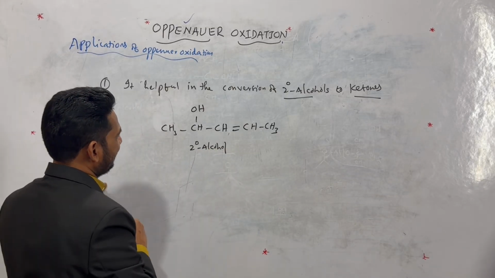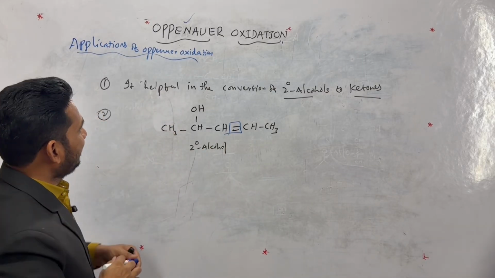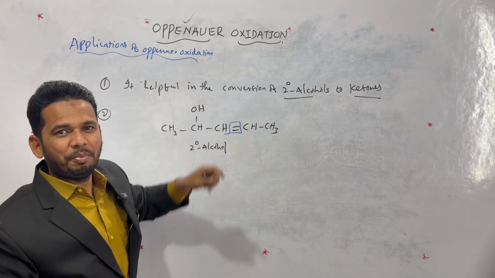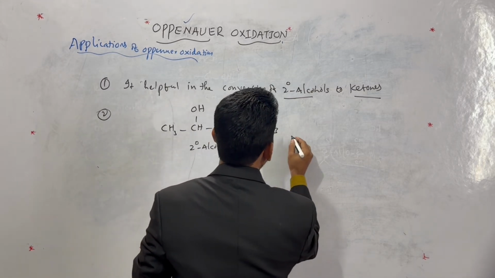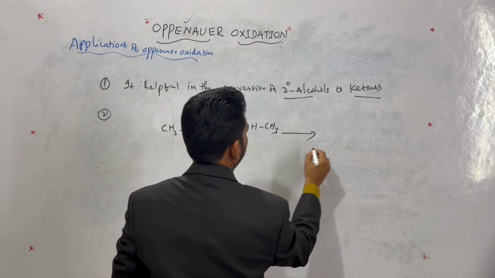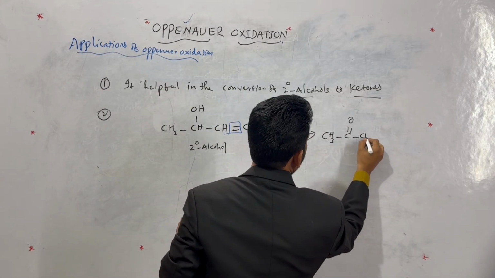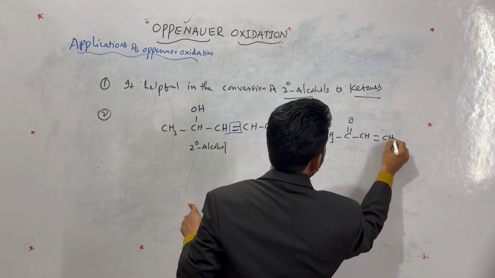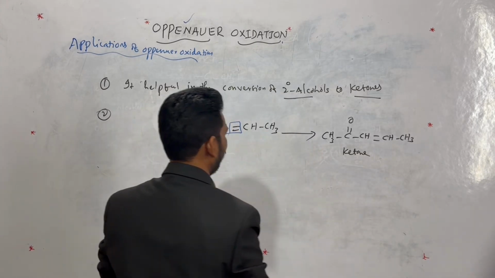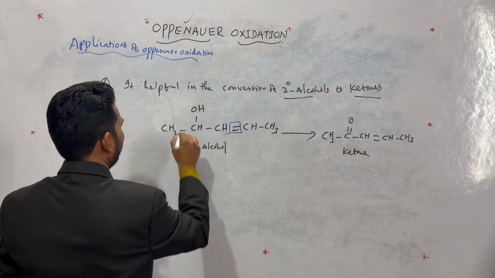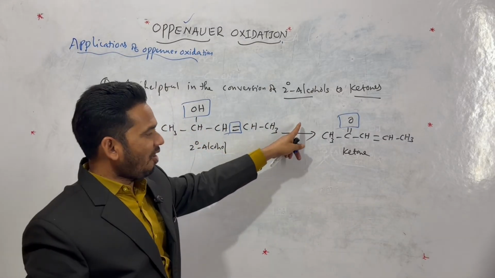What is it having? It is having the double bond. See the importance, the advantage of this Oppenauer oxidation. It converts this secondary alcohol to the ketone, CH3CO, CH double bond CH, CH3. See, it is converted to the ketone. Alcohol converted to the ketone by the oxidation.